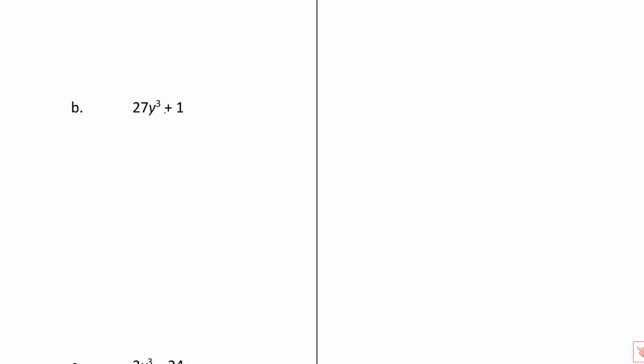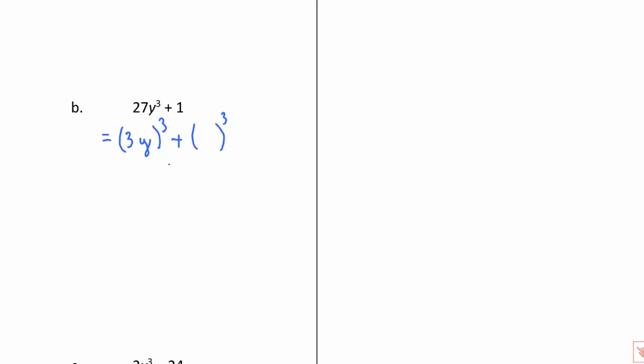27y cubed plus 1. Now, I need to rewrite this as something cubed plus, because it's plus in between, something cubed. Well, what cubed gives you 27? If you said 3, you're correct. What cubed gives you y?